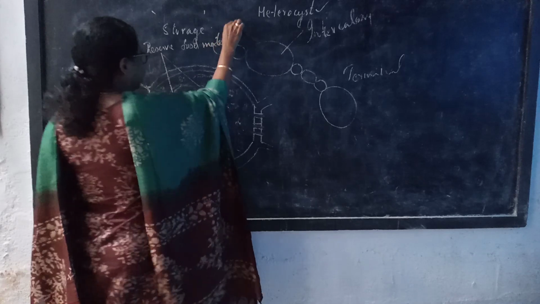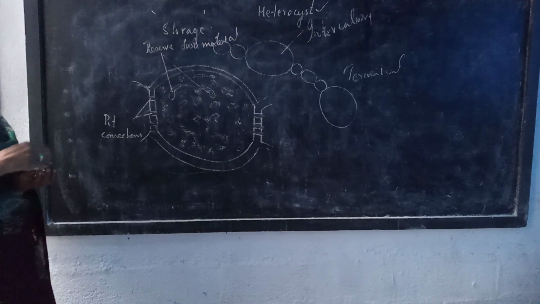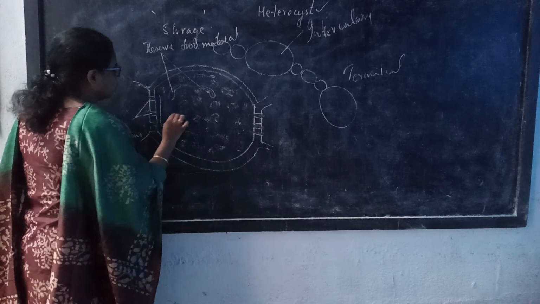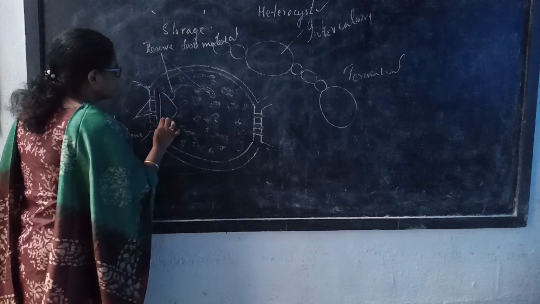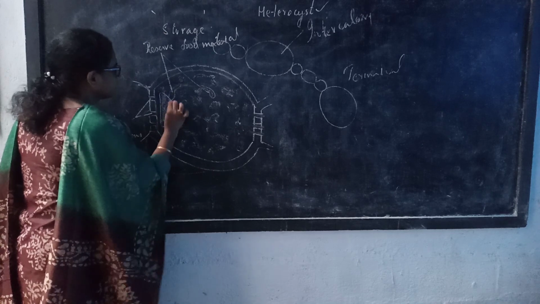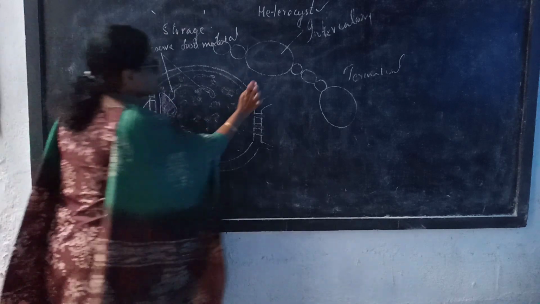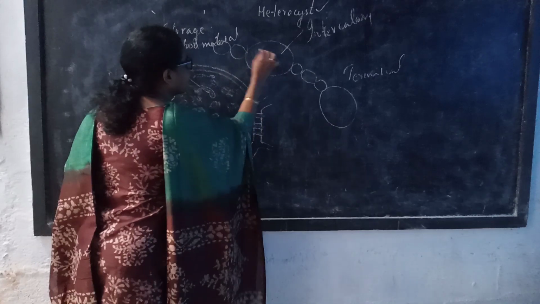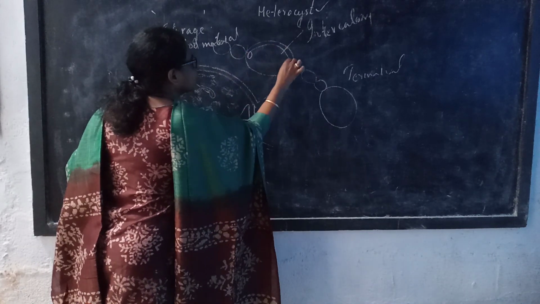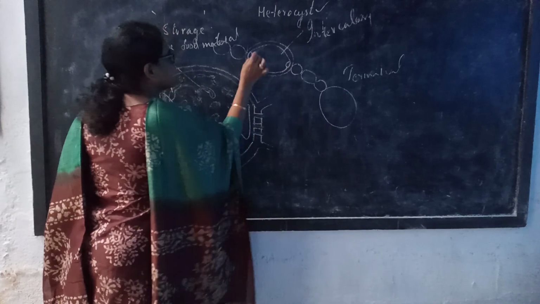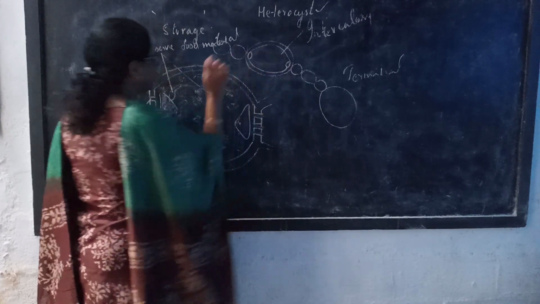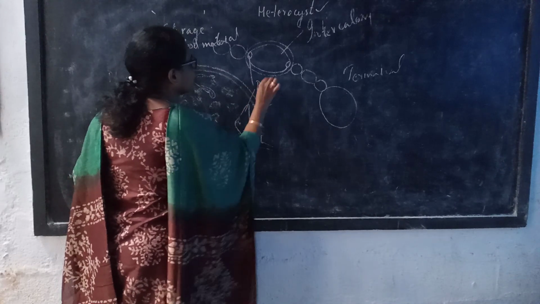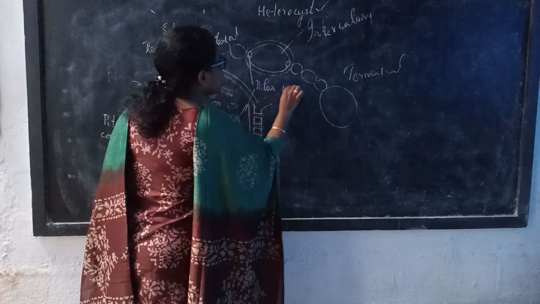Then another peculiarity, we can see a nodule. Now this is one pole of the heterocyst and this is the other pole. If the heterocyst is intercalary, then we will get two polar nodules. Now these are the polar nodules. What are polar nodules?